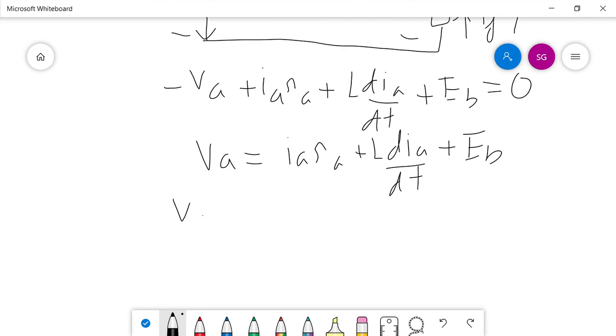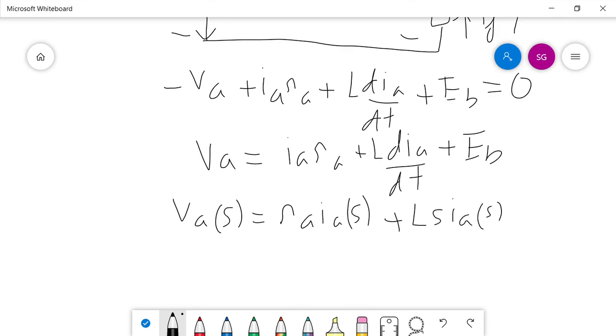So it will be VA in S domain equal to RA into IA in S domain, plus the differential term, which can be converted to Laplace like this: LS IA(S), and plus EB(S).